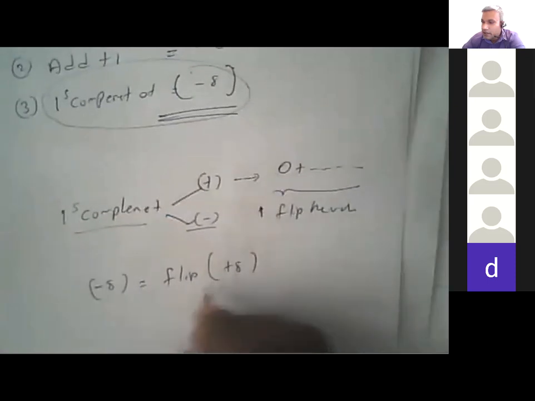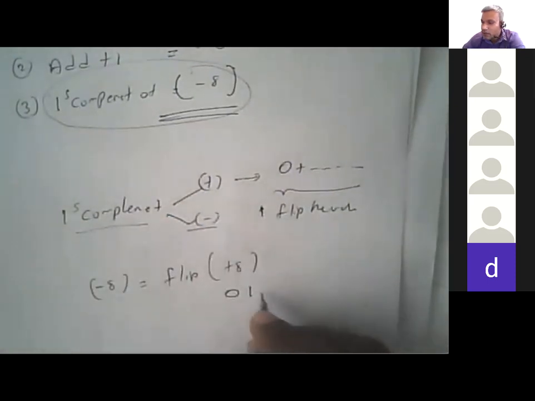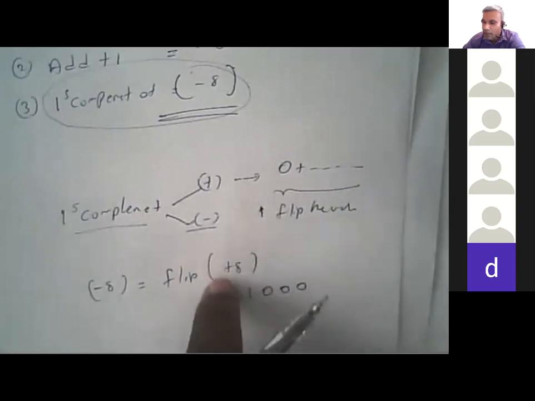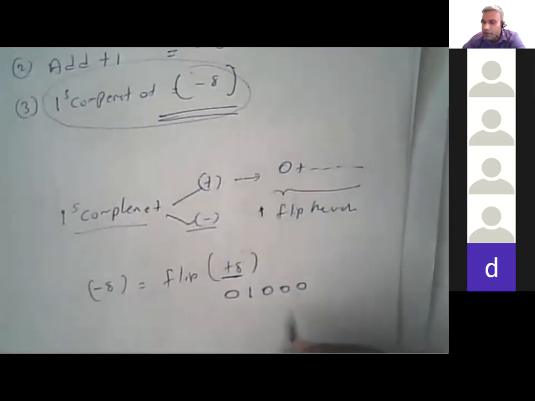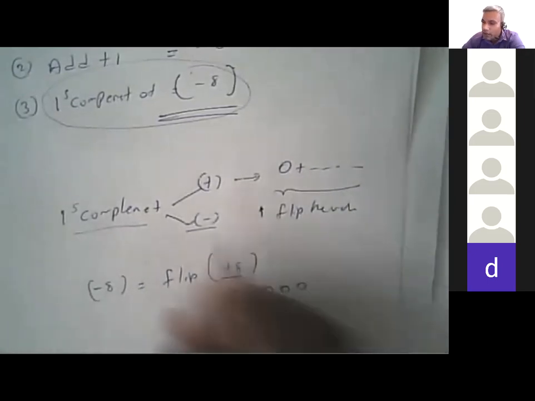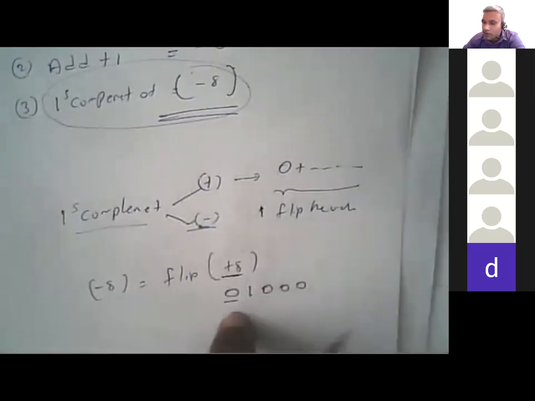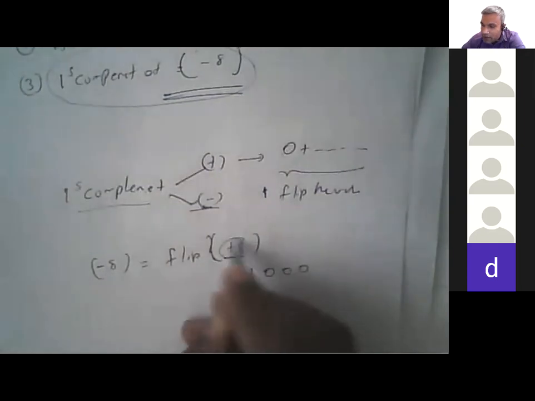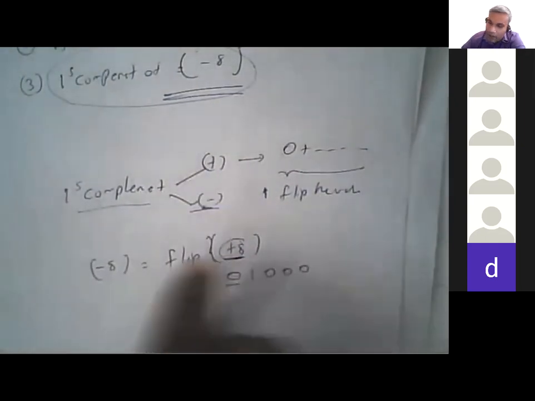So +8, I can write 0, 8, 4, 2, 1, like this. Now again, remember, if you are writing a positive number, you should have a leading 0. If you are writing a negative number, you should have a 1. So right now I am trying to get the positive 8 number and after that flipping it.